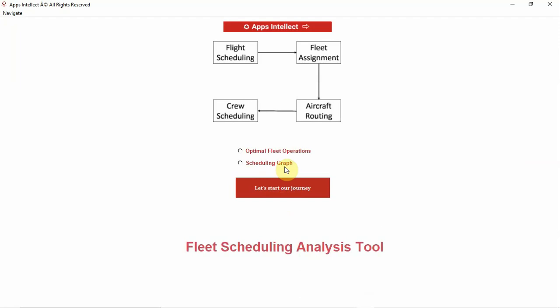Basically, what are the problems in fleet assignment? The flight schedule is there. Each flight needs to be covered exactly once by one fleet type. Then there is another problem, the number of aircraft by equipment type: you can't assign more aircraft than available for each type. The turn times by fleet at each station.